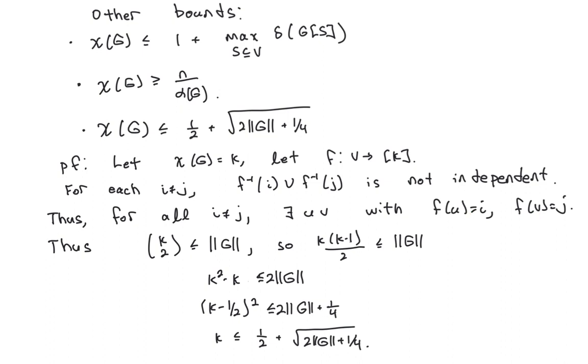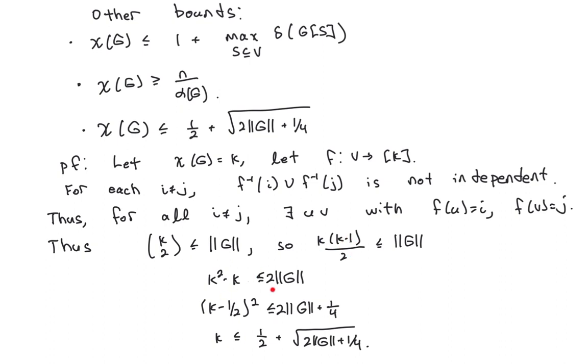Well then, that means that the number of edges in G has a lower bound, namely, for any pair of distinct colors, we have at least one edge. So the number of edges is at least the number of ways to pick a pair of distinct colors, and there's k choose 2 many ways to do that, also known as k times k minus 1 divided by 2.